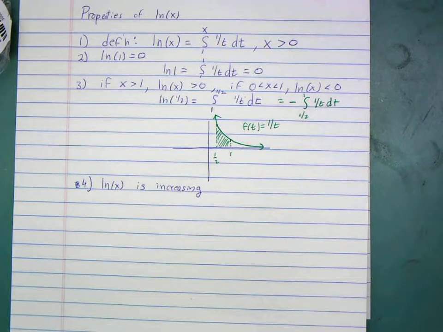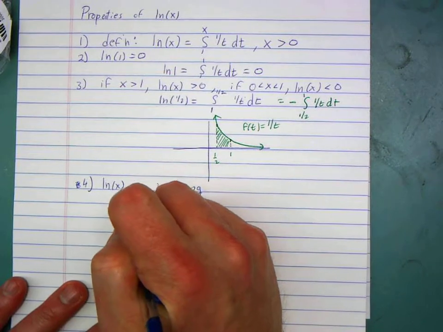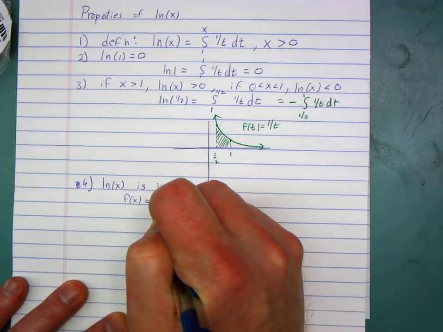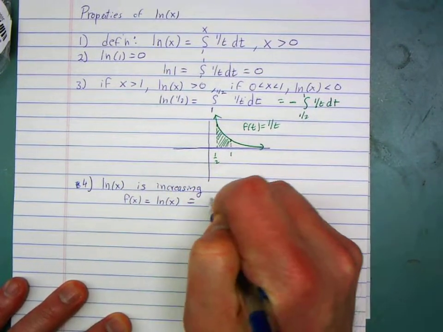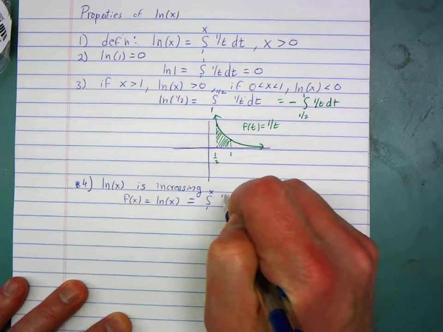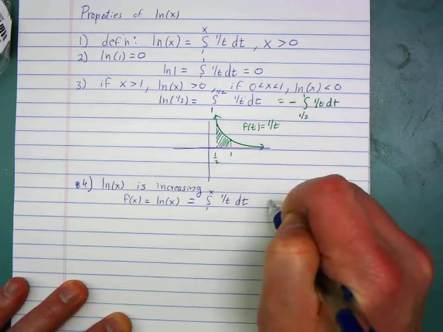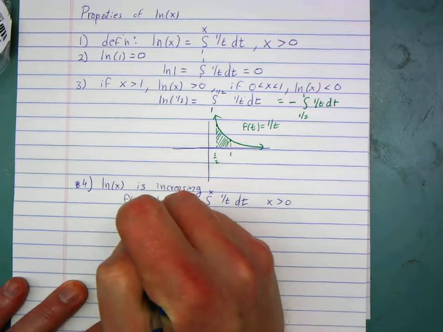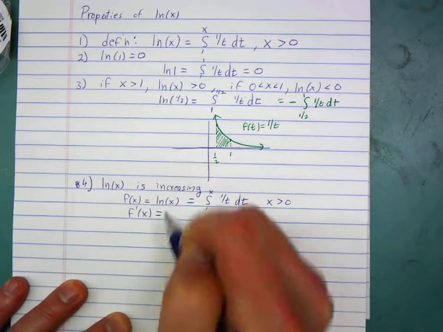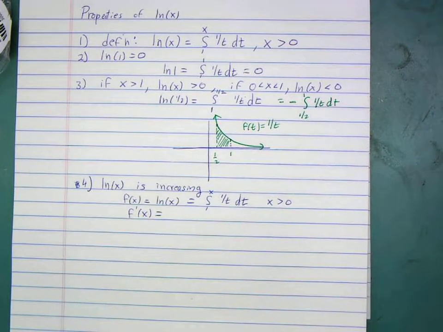We took the first derivative. So if f of x equals ln of x, which is the integral from 1 to x of 1 over t dt, for x bigger than 0, then what's its derivative?